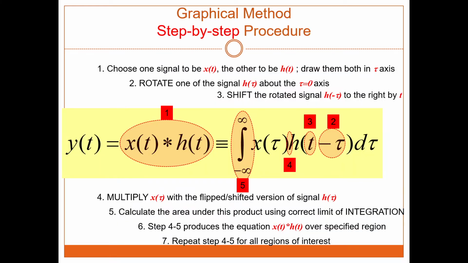Let's recap what we do with this convolution integral. Basically, there will be two signals, x(t) and h(t). Usually the h(t) we rotate, so it becomes h(minus tau).